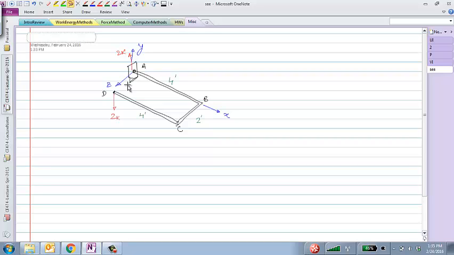Because clearly I could have any structure between A and D. It's fixed at point A and the load is applied at point D. So the only moment that the force at D creates about point A is this 2 times this 2 feet, right? And that would create a pure torsion moment about A in the negative X direction.